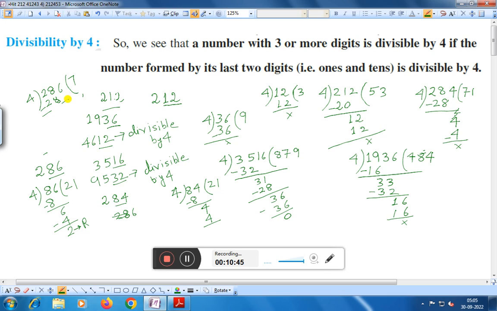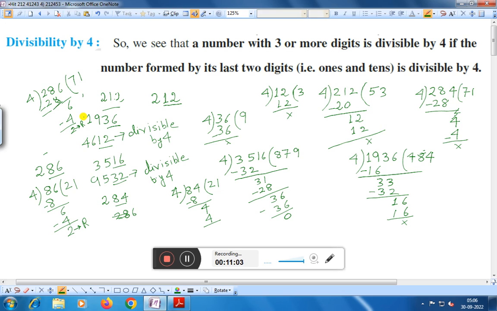If we subtract, we get 6. Now 4 ones are 4, leaving 2 as the remainder.